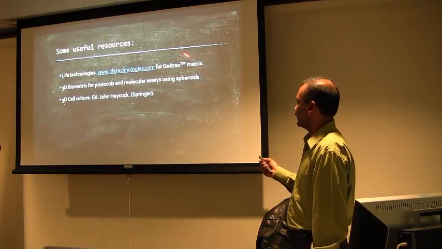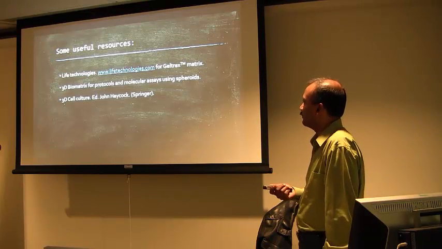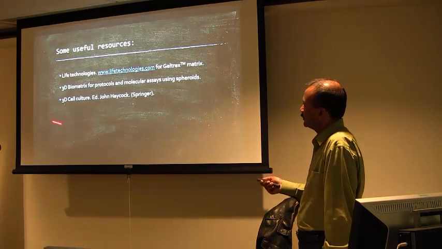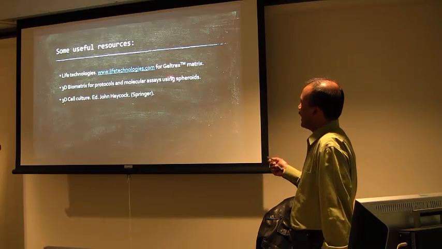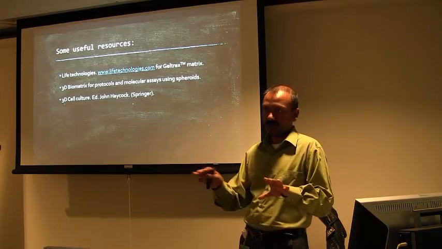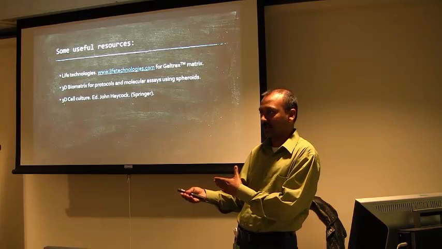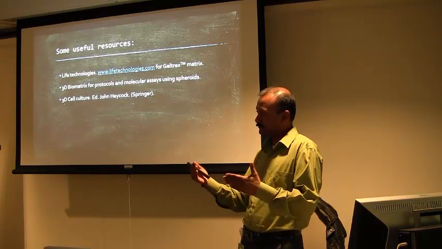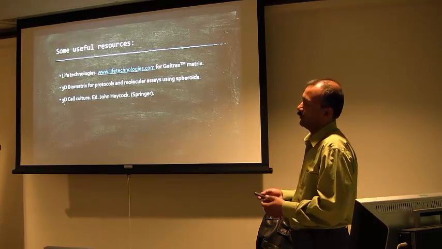So here are some useful resources that I used and that helped me start this method. Definitely, a very good book is 3D Cell Culture by John Haycock. And the Geltrex matrix: if you go to Life Technologies, they have different kinds of matrices used for different purposes, like embryonic stem cell qualified, virus-free, and growth factor-free matrices.